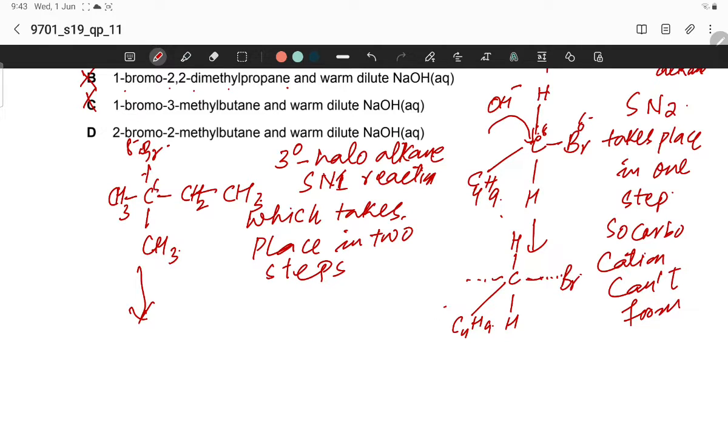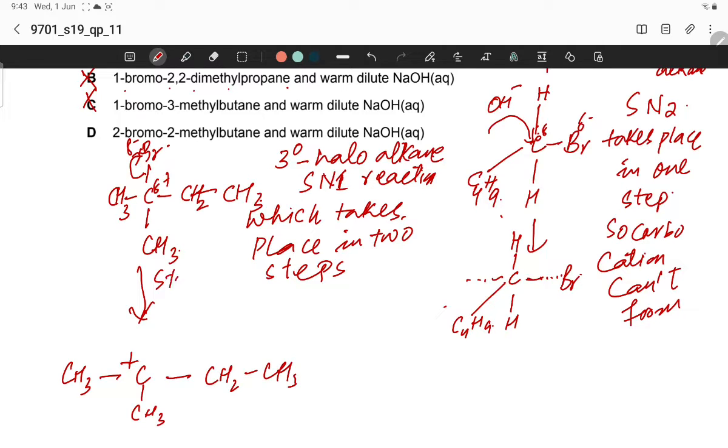Partial negative, partial positive. CH3, C double positive carbocation, CH3 and CH2CH3.